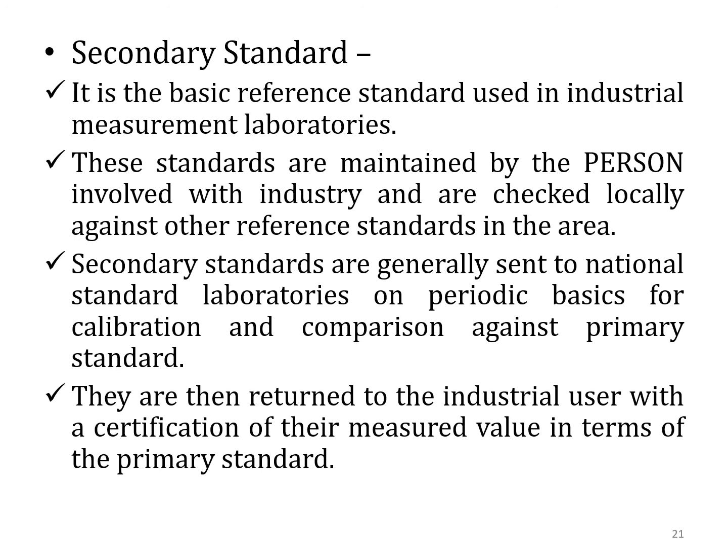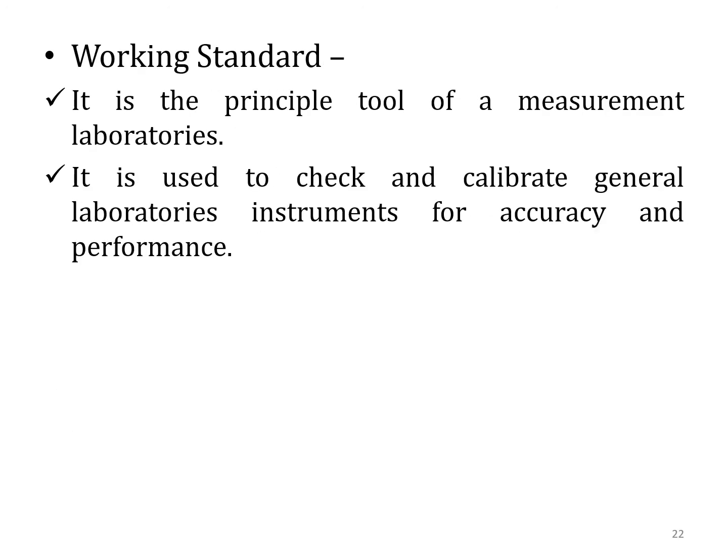The standards are maintained by the people involved in the industry and are checked locally against other reference standards in the area. Secondary standards are generally sent to the National Standard Laboratory on a periodic basis for calibration and comparison against the primary standard. They are then returned to the industrial user with the certification of their measured value in terms of the primary standard.